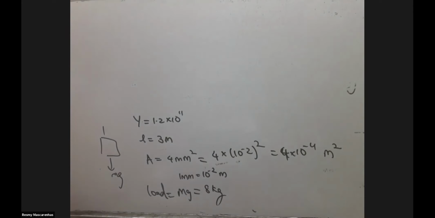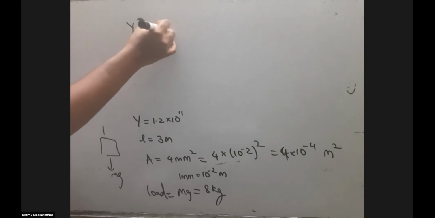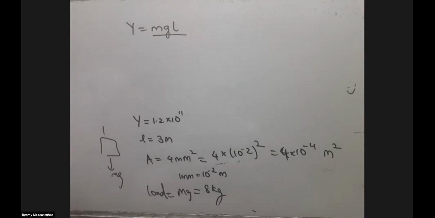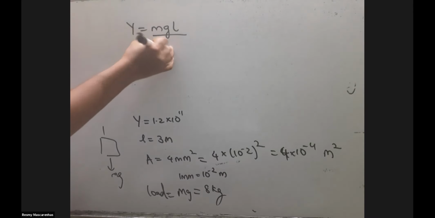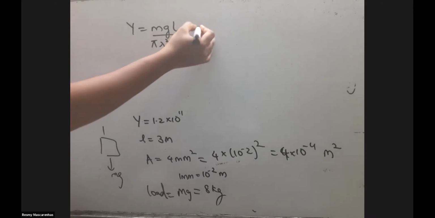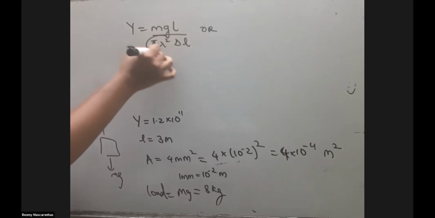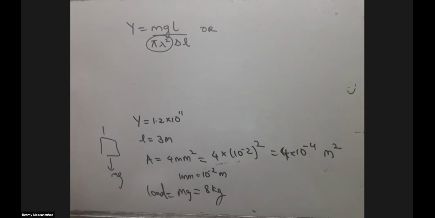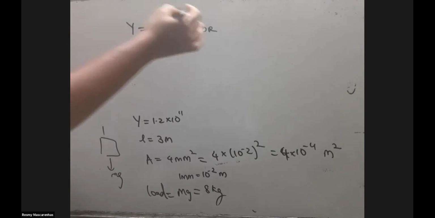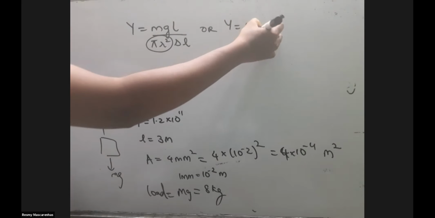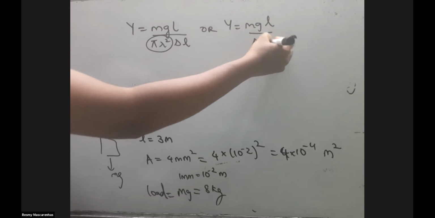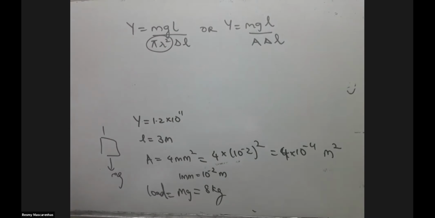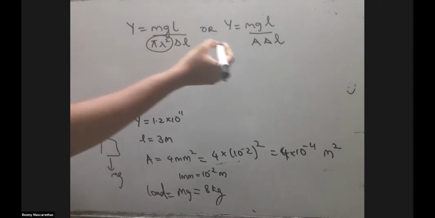The formula is Y is mgL upon pi r square delta L, or as I told you, you can use it straight away as area. Pi r square is nothing but your cross sectional area. Find extension in the wire means what has been asked, delta L.